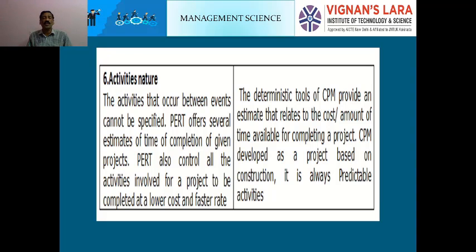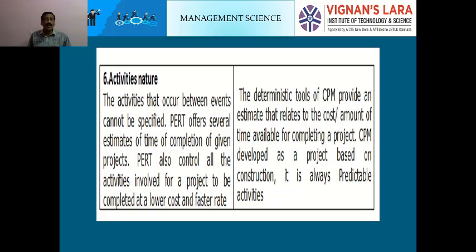All the activities involved in a project are to be completed at a lower cost and faster rate. That means how to reduce the project duration is also one of the objectives of PERT, with reference to minimization of time. Then it is a link between the lower cost and speed rate of project completion or activity completion.